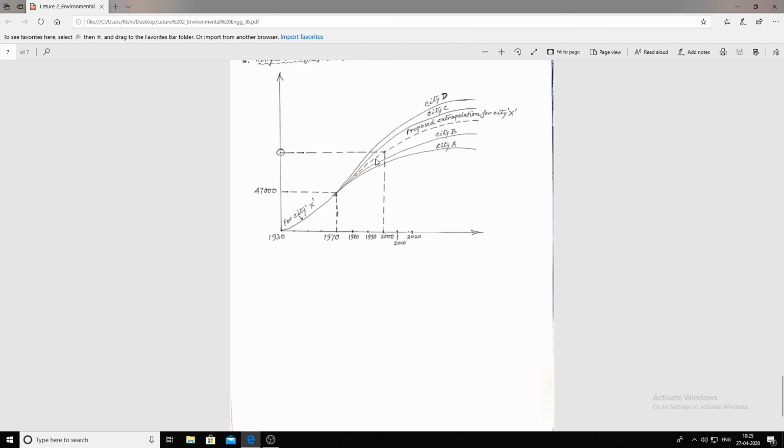That is why the dotted line has been plotted for city X, and from the plotted curve we can extrapolate the data, because it has been extended. From the extrapolated curve we can predict the future population for different years. Here I have just shown the year 2000, and this will be the population.